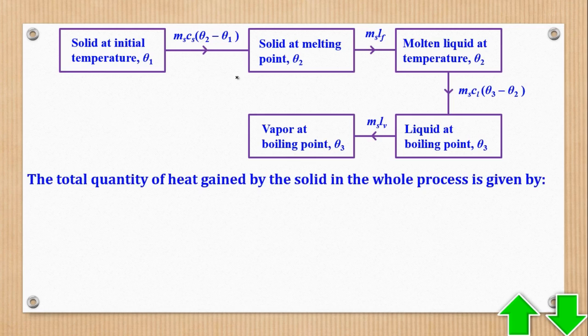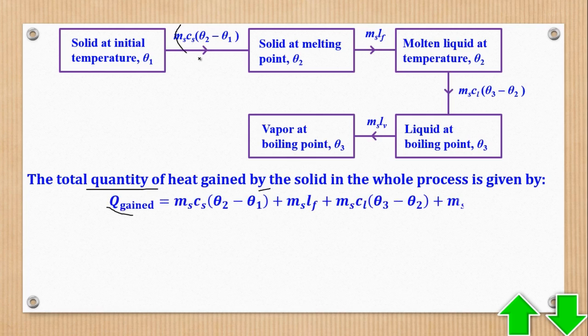After drawing this sketch, the total quantity of heat gained by the solid in the whole process is given by Q gain equal to this. You keep on adding that plus that plus that plus that. So now it becomes easier after sketching.